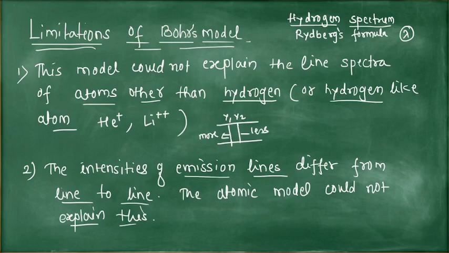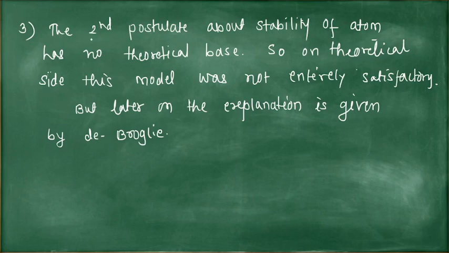The third limitation is the second postulate about stability of atom has no theoretical base. It is only a postulate. It has no proof, no theoretical base for second postulate. What is the second postulate of Bohr's atomic model?